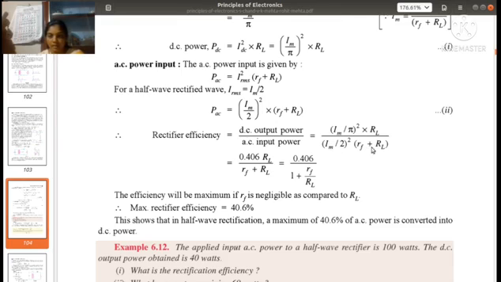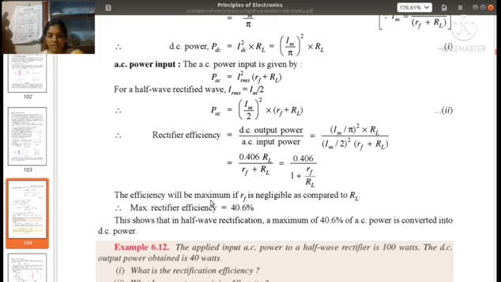By rearranging the terms and cancelling out the common terms in the numerator and denominator, you can write it down on paper and check whether you are getting this, we will get 0.406 RL divided by Rf plus RL. So we can write it in this form.